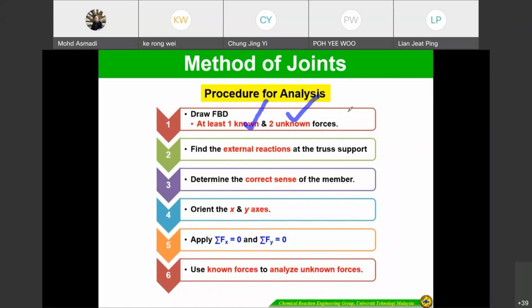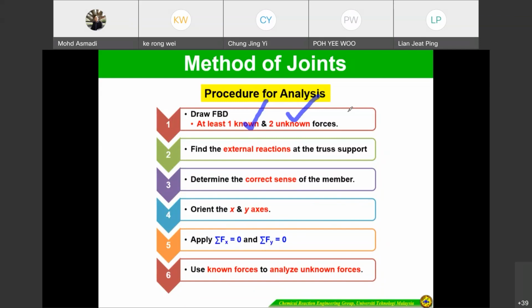Find the external reaction at the truss support, determine the correct sense of the member, whether to the left side, clockwise or counterclockwise. It's just a correct sense. If it's not correct, you can revise the direction of the vectors after you find the value. If negative, that means it is the opposite direction. Orient the x and y axes, apply summation of Fx and summation of Fy.